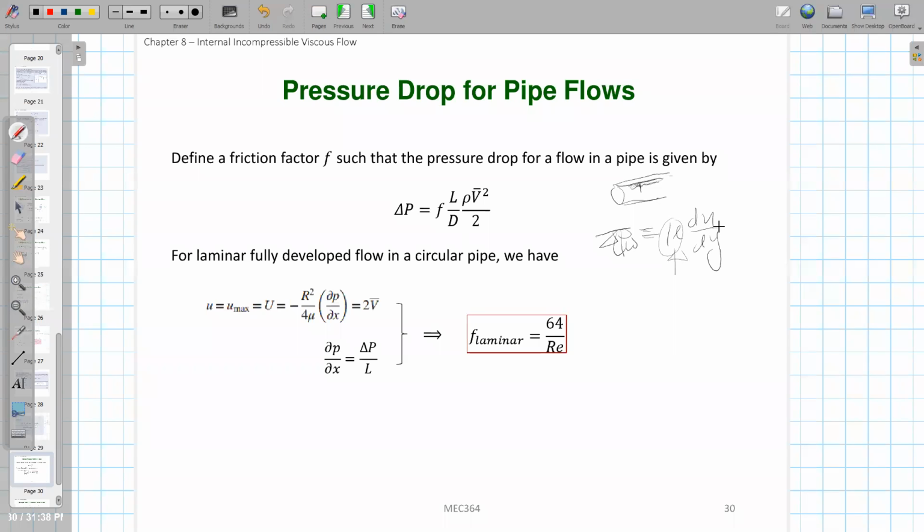But in realistic problems your surface is not that smooth. This roughness also brings a lot of pressure drop. So basically the real pressure drop will contain both the viscous stress at the wall plus an additional friction at the wall due to the surface condition.